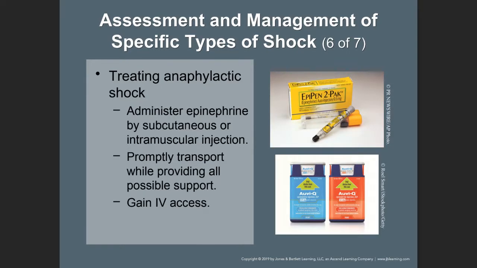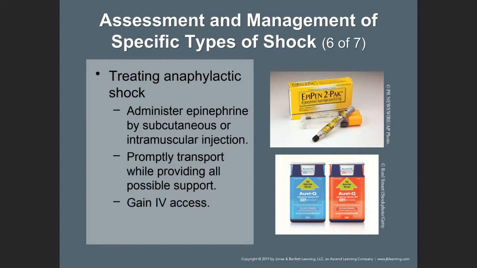Treating anaphylactic shock, administer epinephrine by subcutaneous or intramuscular injection. We no longer give epi sub-Q. IM is the gold standard, and the EpiPen is rarely carried on ambulance units anymore, so you're required to draw the epi and administer it to the patient. Promptly transport while providing all possible support, gain IV access.